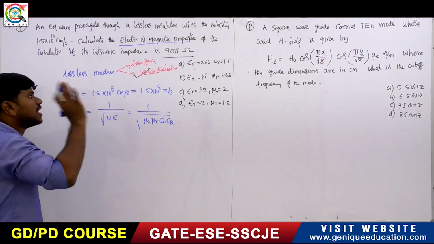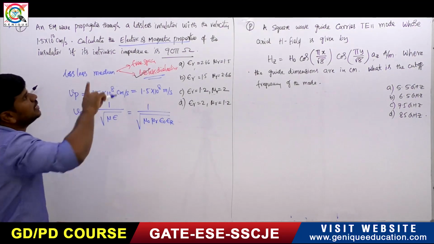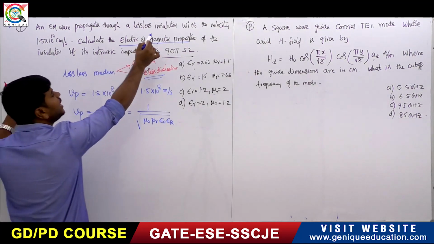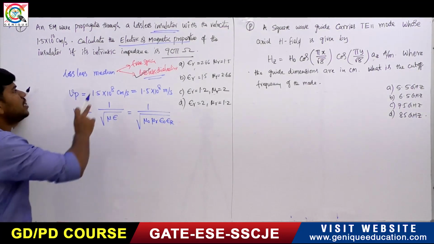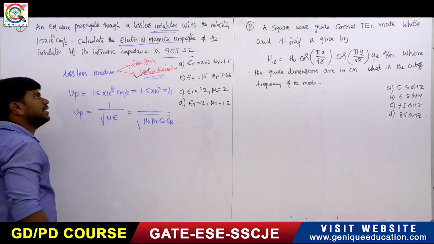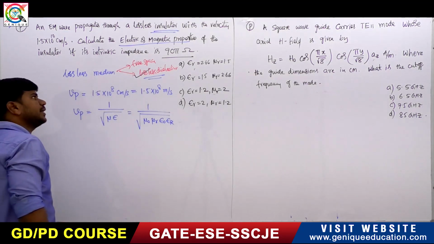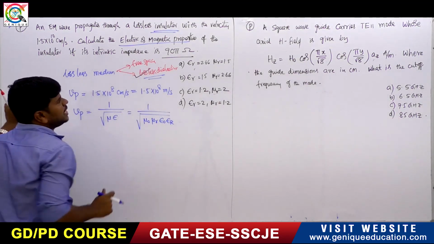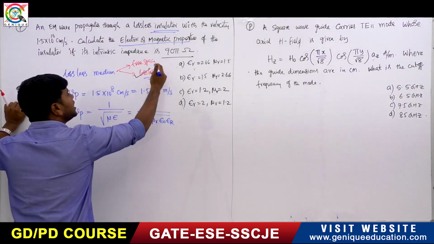Okay, but it is not a perfect dielectric. It is given as an insulator, so don't misunderstand it as a dielectric. This insulator will have some kind of magnetic properties. Okay, so observe this, it is not free space, but it is a lossless insulator.